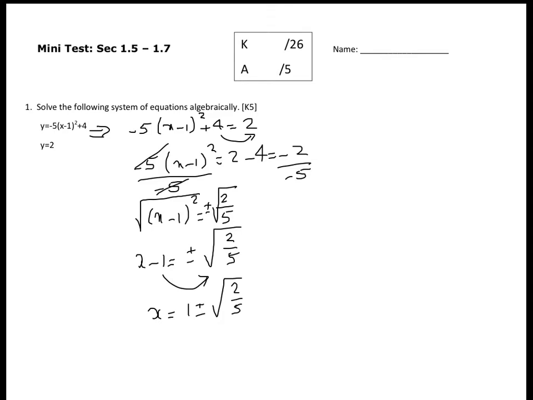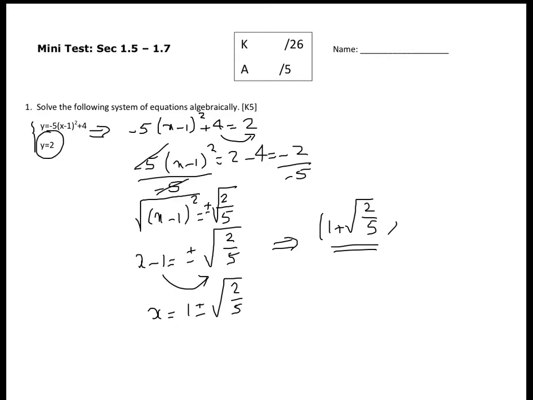Now, since we have to find the coordinates of the points of intersection, we know that the x coordinates are 1 plus square root of 2 over 5 and 1 minus square root of 2 over 5. So the coordinates are going to be 1 plus square root of 2 over 5. And for the y coordinate, I can substitute this value in either one of these two equations, but the easiest one is just y equal to 2.